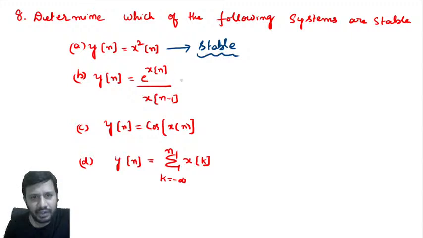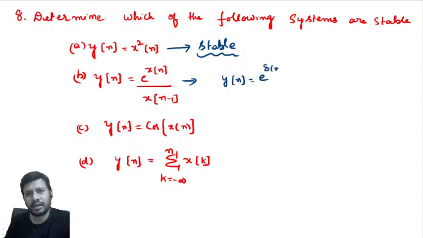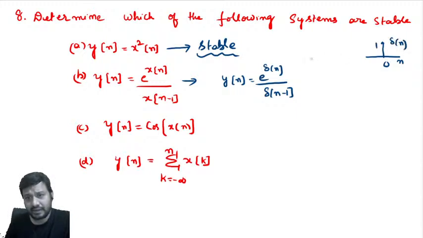Y of n is equal to e power x of n by x of n minus 1. Here, what happens if I apply x of n is equal to something like del of n? Del of n is a bounded signal I can apply. See, the discrete time unit impulse del of n is a bounded signal, whereas the continuous time unit impulse, that is del of t, is unbounded.